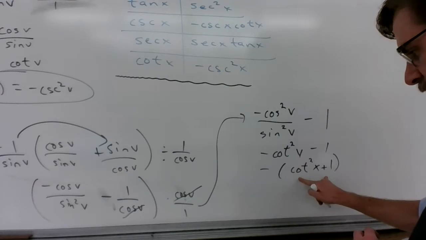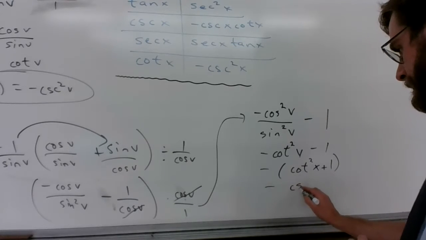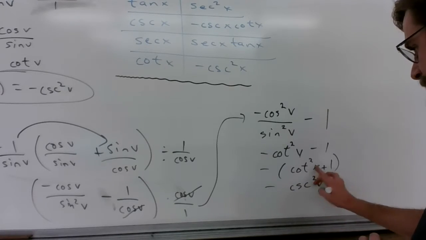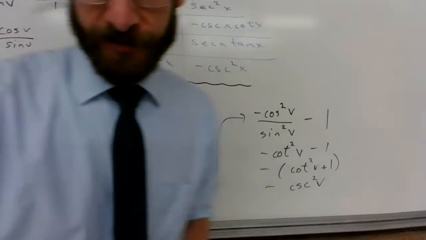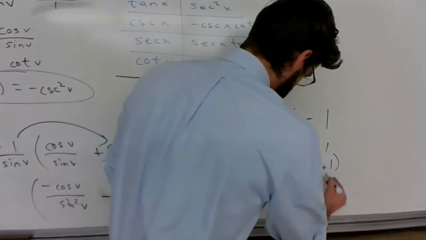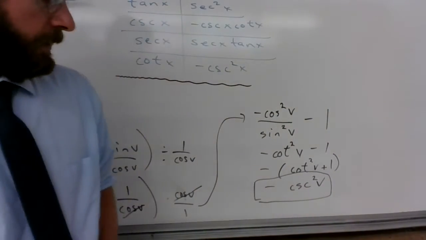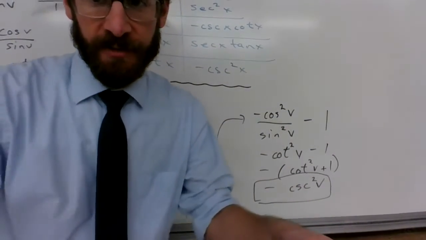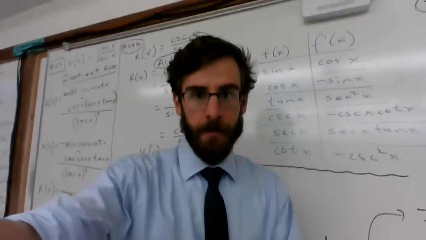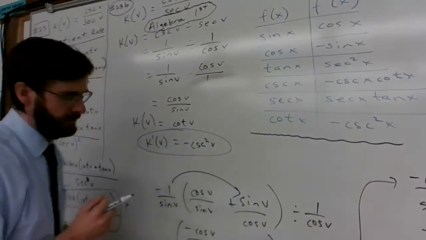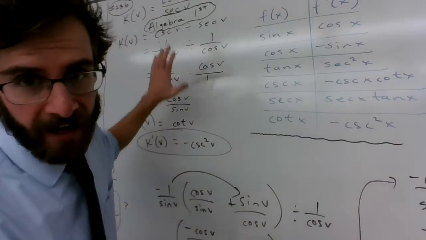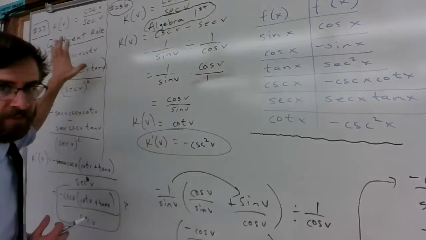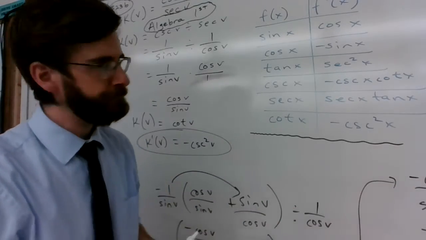This is cosecant squared. Sorry, I keep switching to x's. I need to get over those x's. Okay, so you got this, which is the same as that. Whoa. But hopefully you guys can see that this is way more elegant and less time-consuming than this monstrosity here.